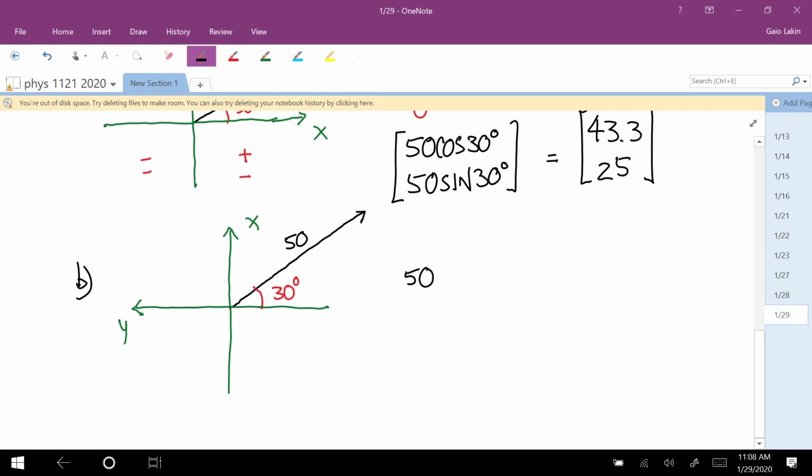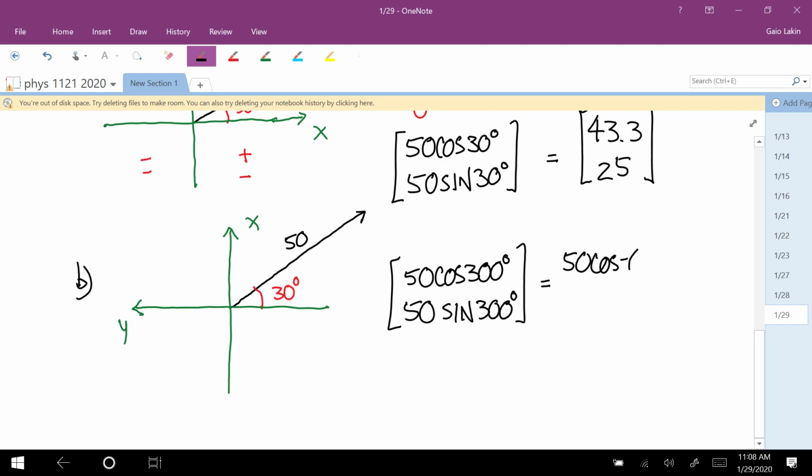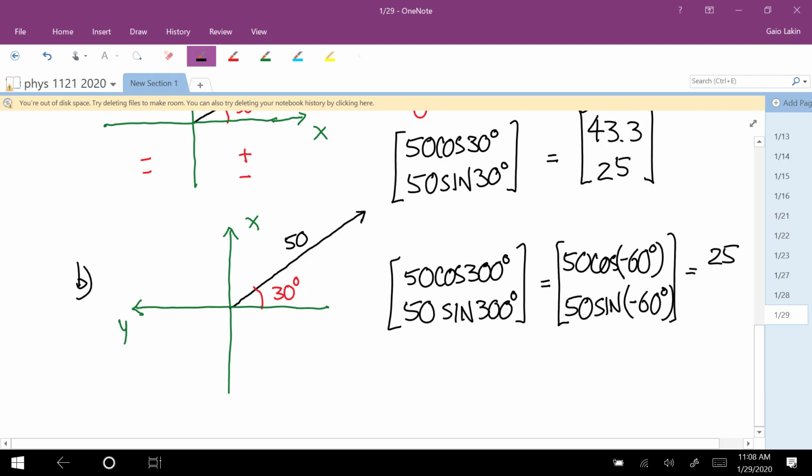So 50 times cosine of 300, 50 times sine of 300, same as negative 60. And you get 25, negative 86.6.